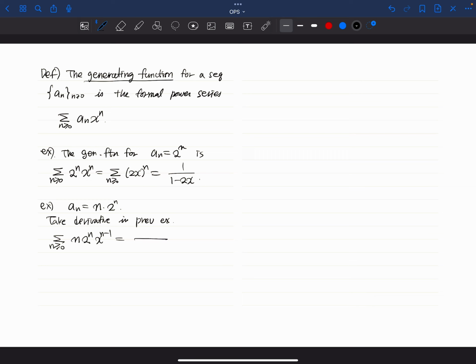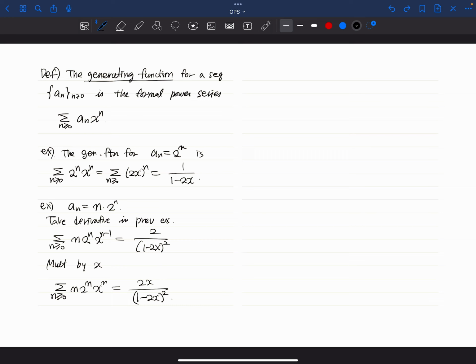So it's going to be 2 over (1 minus 2x) squared, using the quotient rule. Because we want a_n and this is x to the n, we multiply both sides by x. Then we get the desired generating function for a_n, 2x over (1 minus 2x) squared. So the generating function for this sequence can be computed in this way. Sometimes the generating function for a sequence has a nice formula like this, but sometimes it can be more complicated.